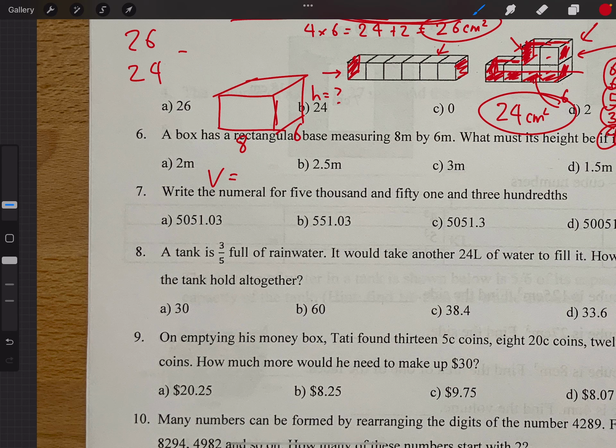It was in meters, right? Yes, 8 by 6 meters, so this will also be in meters. Now I don't like to leave it as 3/2 meters. This is an improper fraction, so let's turn it into a mixed numeral. 3 divided by 2 will give me 1 remainder 1 over 2. So that's 1.5 meters. Boom.